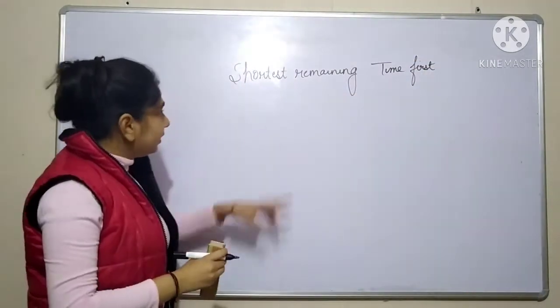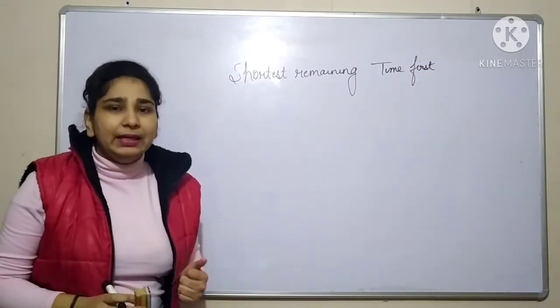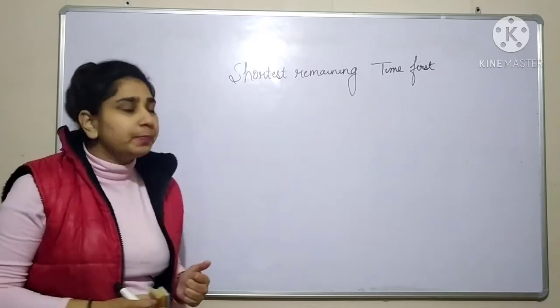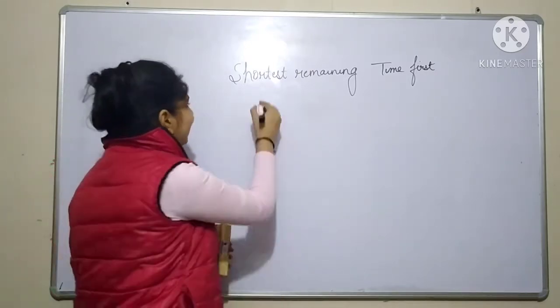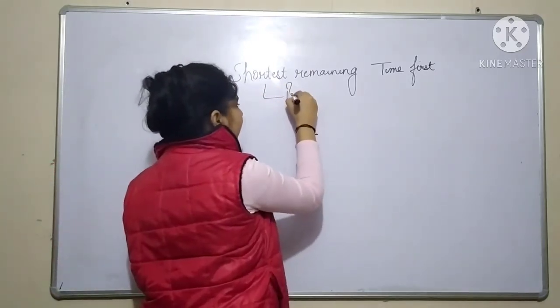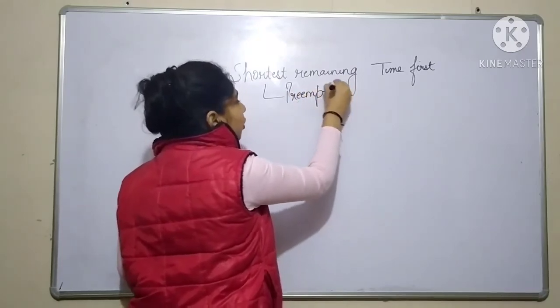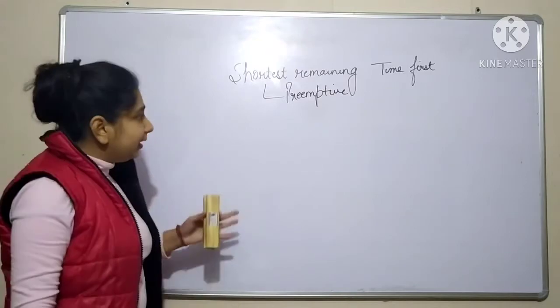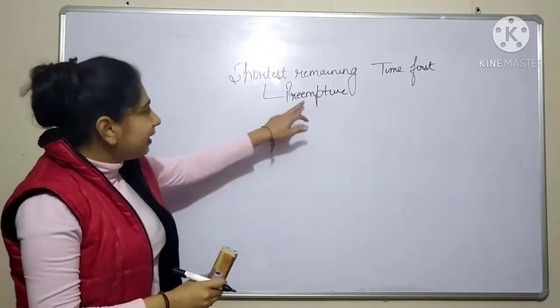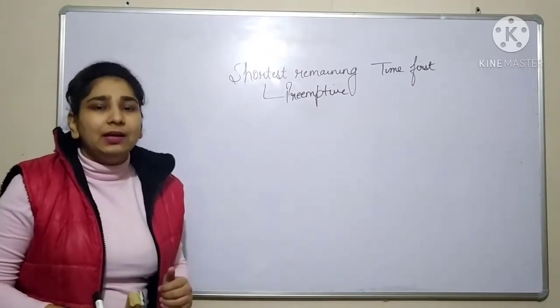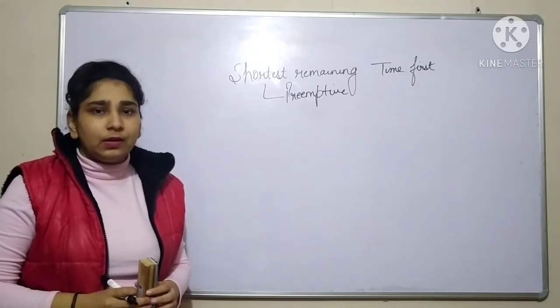Okay, shortest remaining time first. It is a preemptive algorithm. Like we discussed in the last video, the round robin algorithm is also a preemptive algorithm.